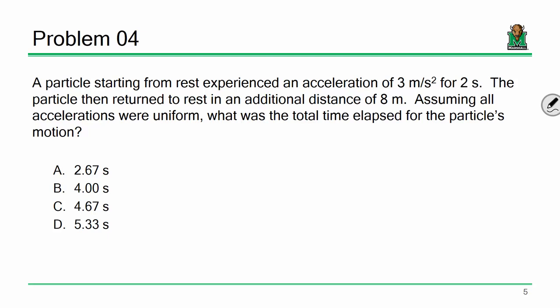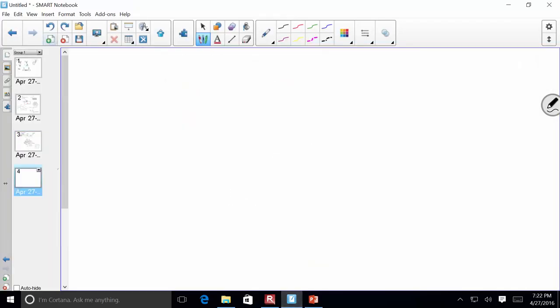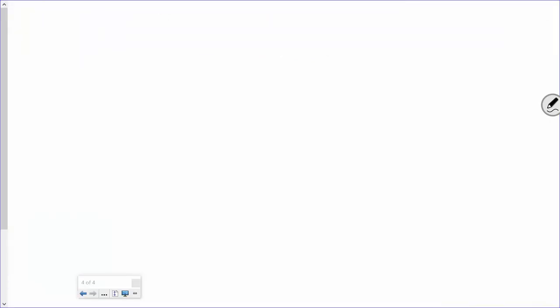Does that make sense? Okay. So, 2 events.